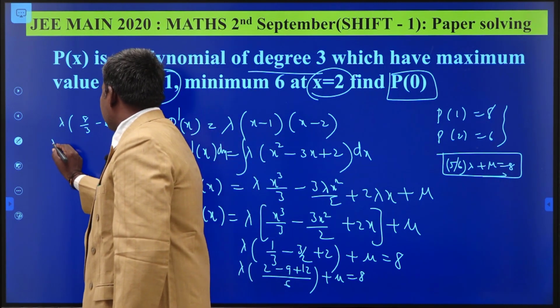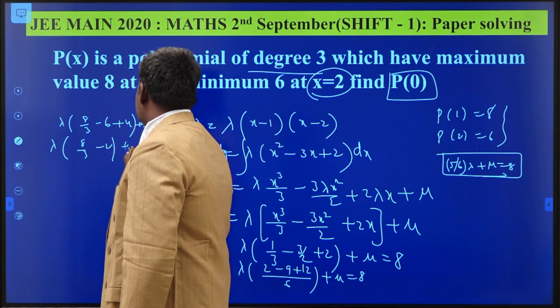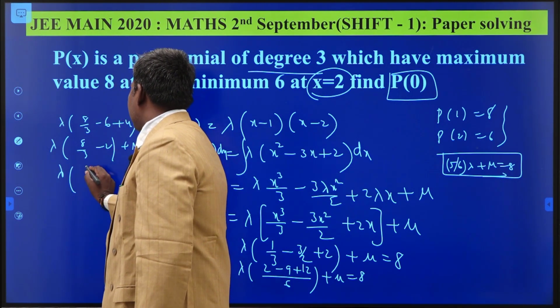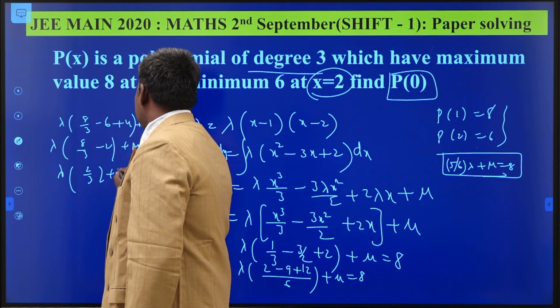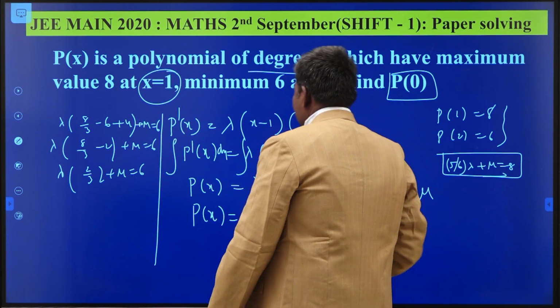Now lambda times of 8 by 3 minus 2 plus mu equal to 6. Lambda times of 2 by 3 plus mu is equal to 6. So I have the two equations.